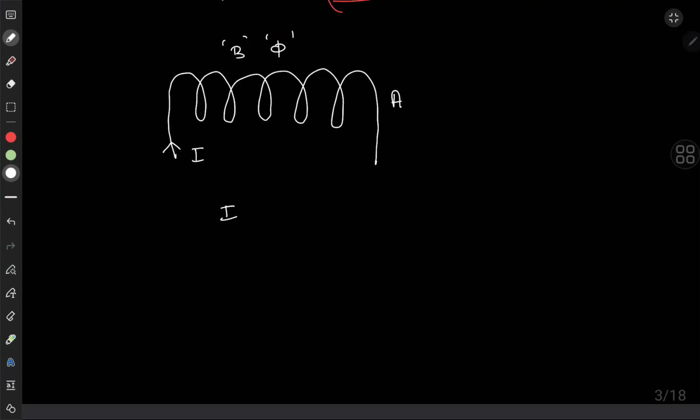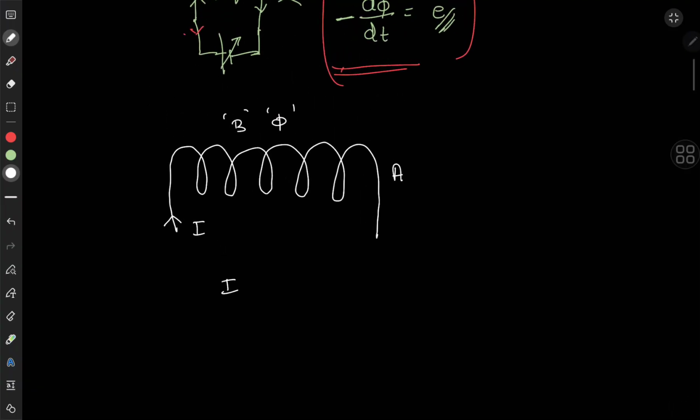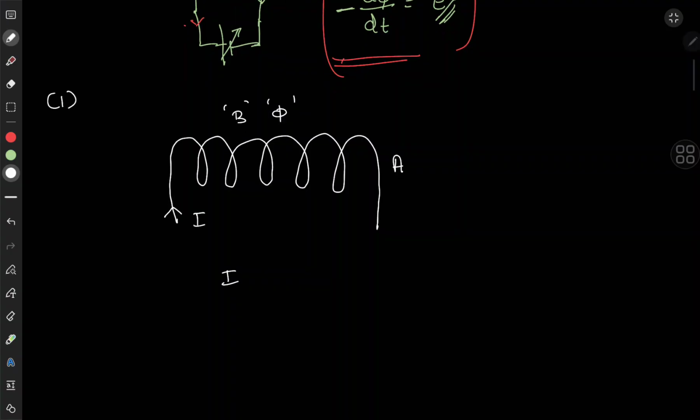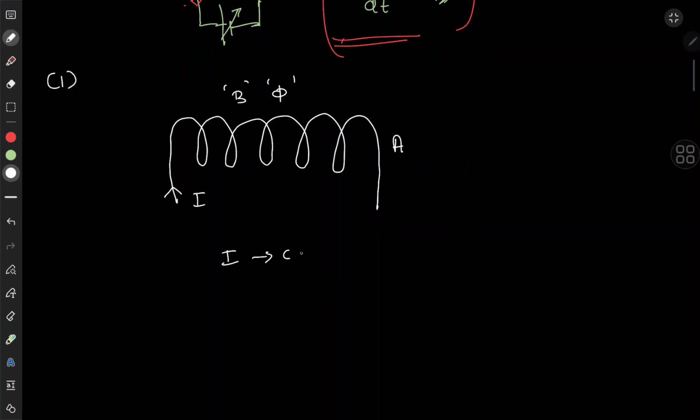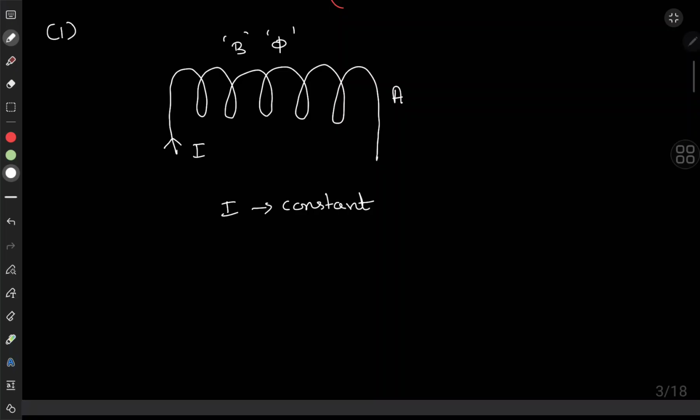Now if I supply a current, we can take it as case 1. In case 1, I am considering I is constant. If I is constant, whatever current is flowing in the coil will produce the magnetic field in the coil.